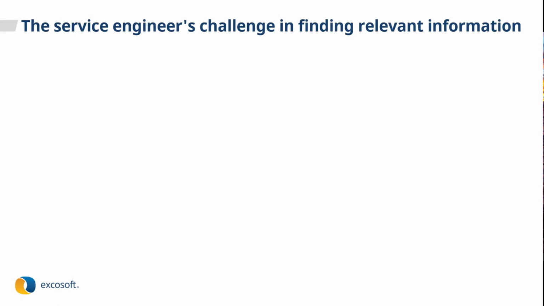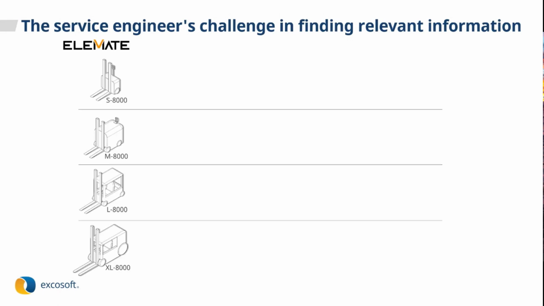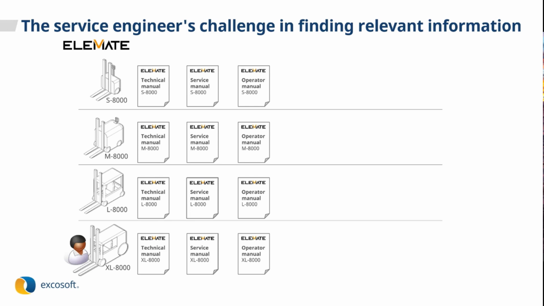So the service engineer goes over to the Elimate documentation library and tries to find the instruction on how to check the battery condition. He discovers that there are 3 different types of publications for each forklift model: a technical manual, service manual, and operator manual.